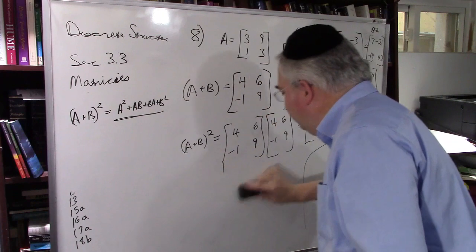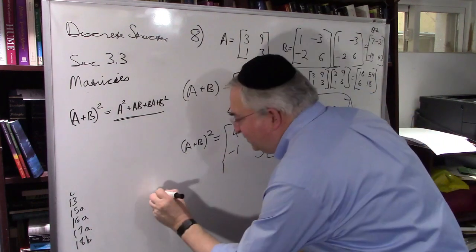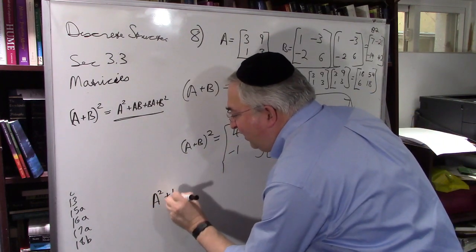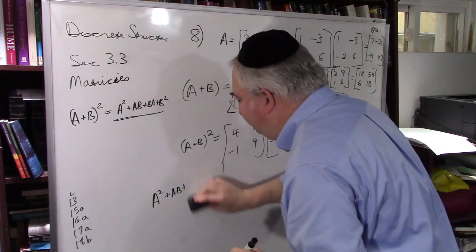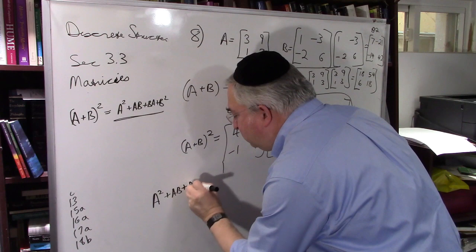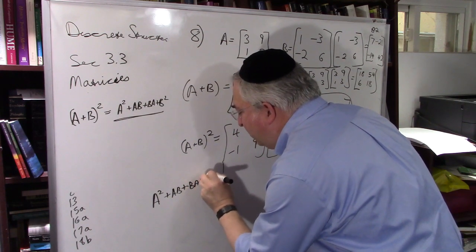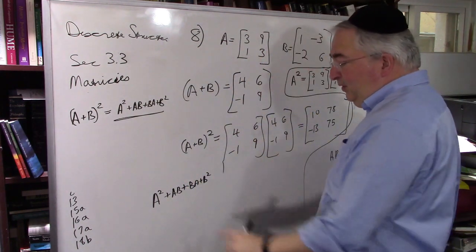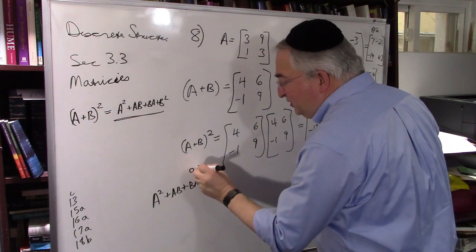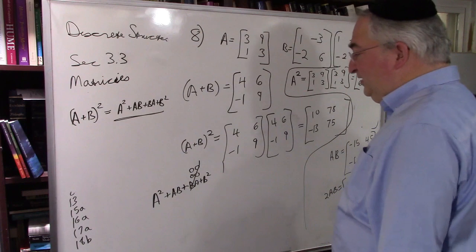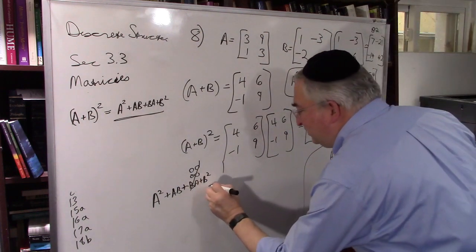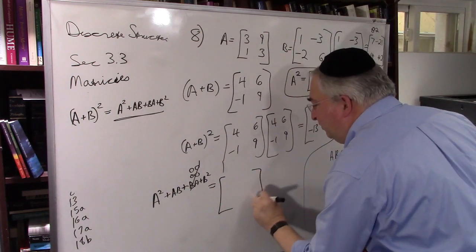Let's actually do it. Okay, so this is A squared plus AB plus BA plus B squared. Now, if you remember, BA was that stupid matrix 0, 0, 0, 0, so we don't even have to deal with that. We should get this. Anyways, look at that. Let's do it. This is equal to, also a 2 by 2 matrix.